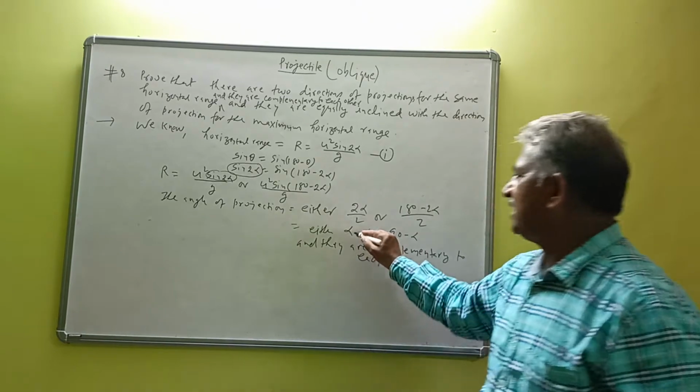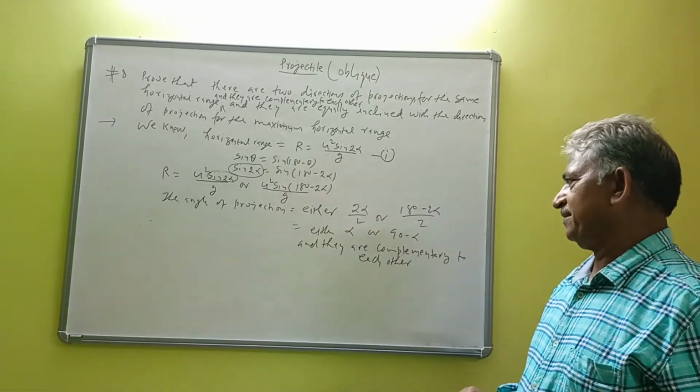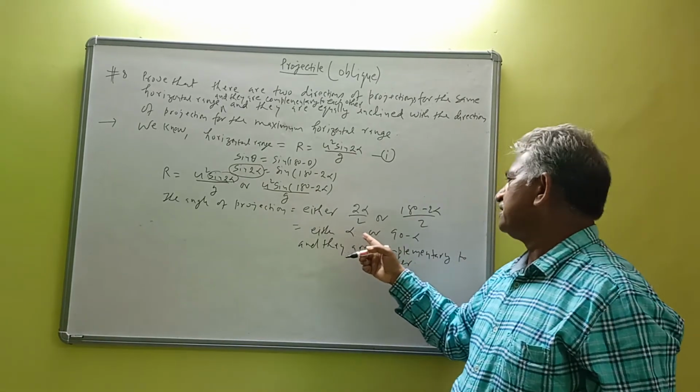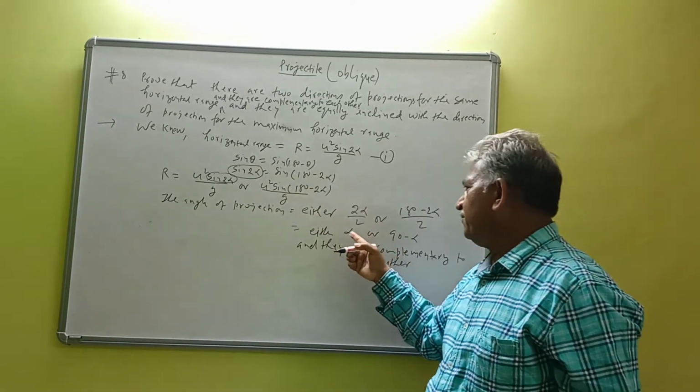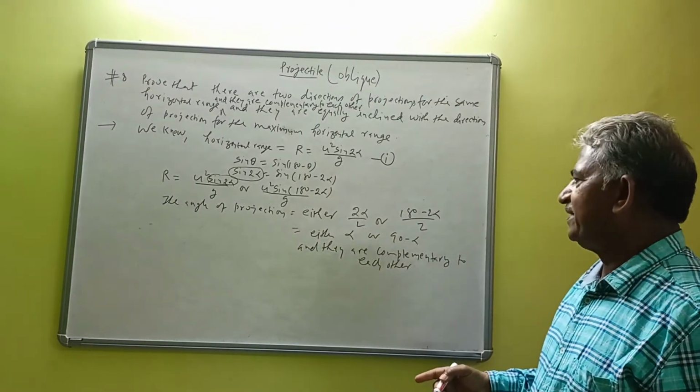So if one angle is 20 degrees, then another would be 70 degrees. So for the same horizontal range, if one angle of projection is 20, then another would be 70.